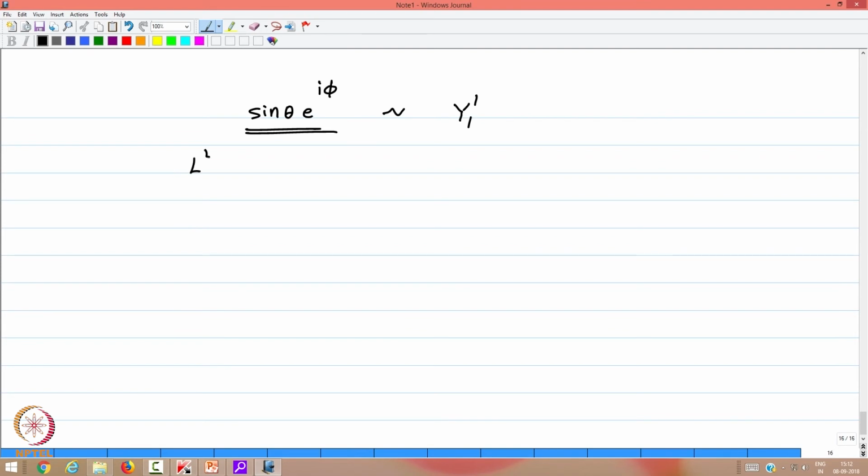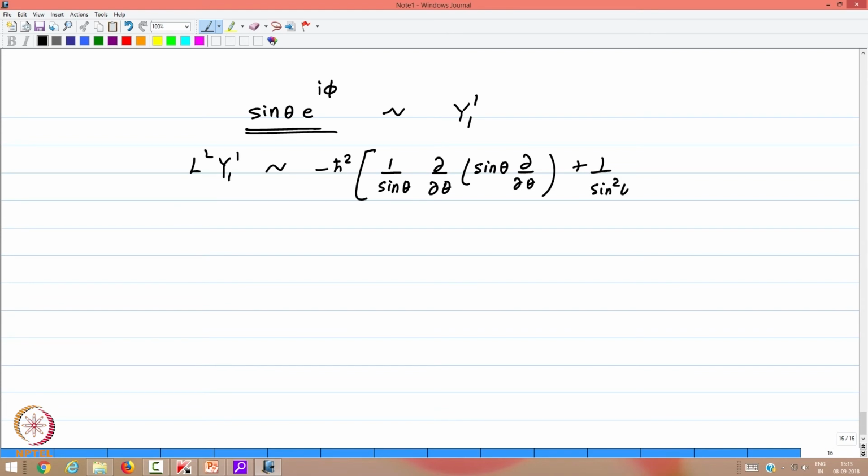So, if it is L square on y1 1, this is the same as minus h bar square, 1 by sin theta dou by dou theta of sin theta dou by dou theta plus 1 by sin square theta dou square by dou phi square on this function sin theta e raised to I phi.